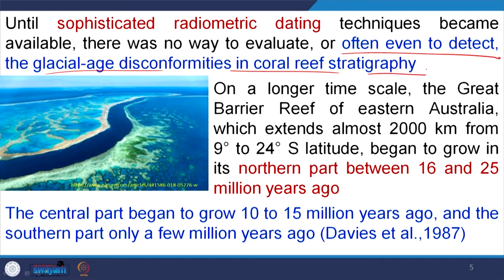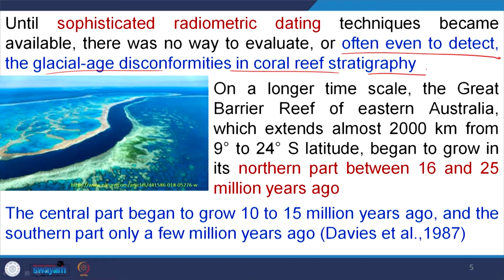We have a 2000 kilometer long coral reef, and the northern part is older, 16 to 25 million years, the middle part is 10 to 15 million years, and the southern part is younger.